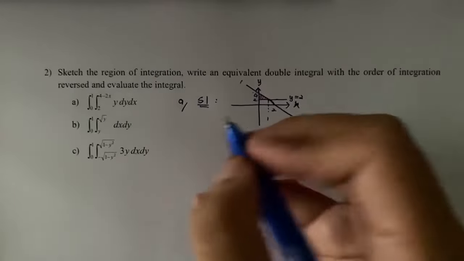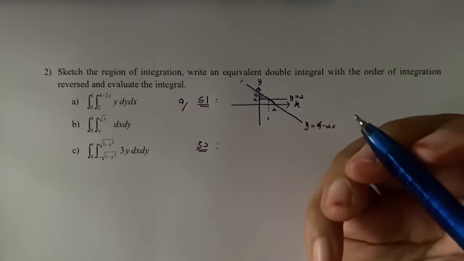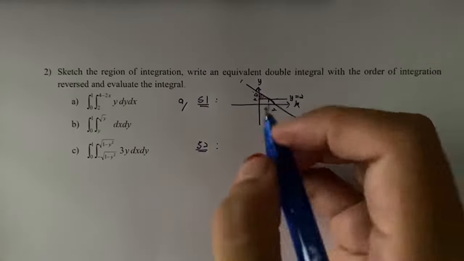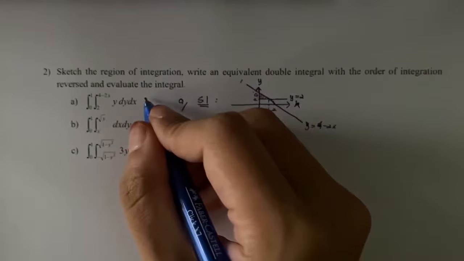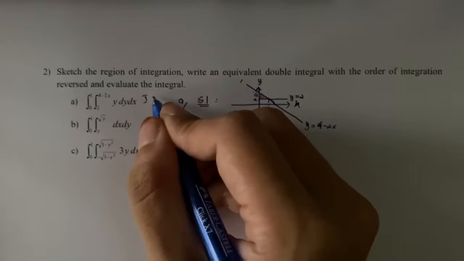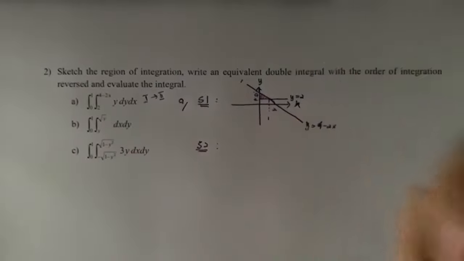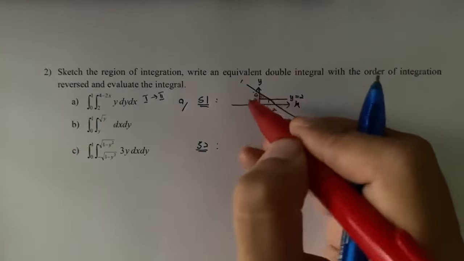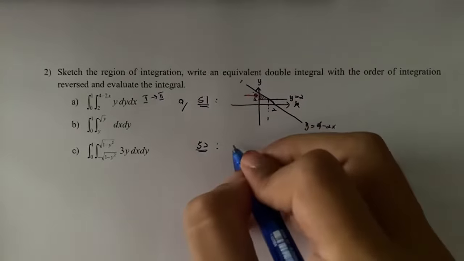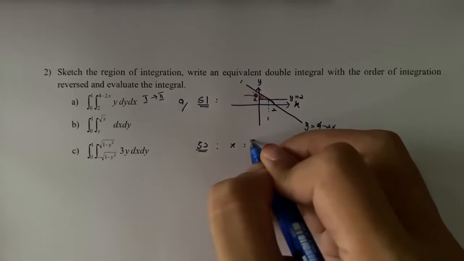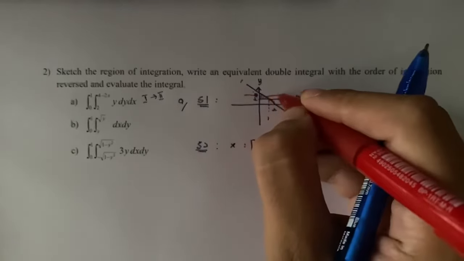And then to reverse the order, second step, we need to find the x limit for dy dx, because this is a type 1 region. So we need to reverse to a type 2 region. For type 2 region, we use the vertical line. So x limit is from 0, and then you leave the region here.